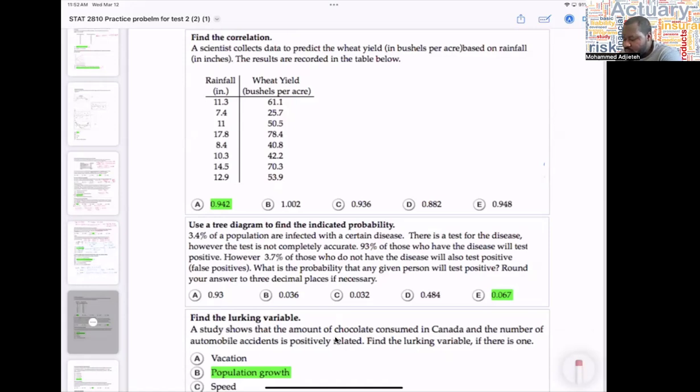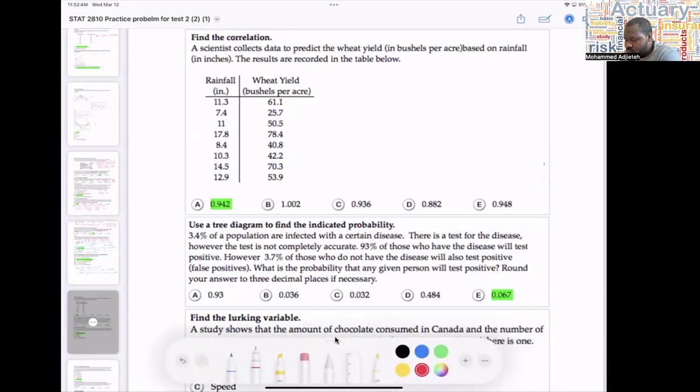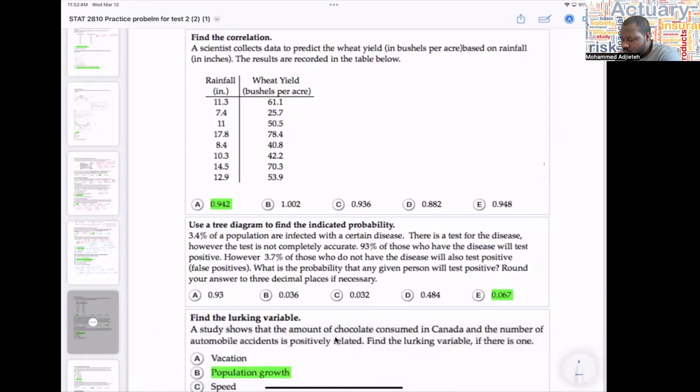So I'll do that here. The first branch: 3.4% of the population are infected with a certain disease, so here is 0.034. And those not infected with the disease.